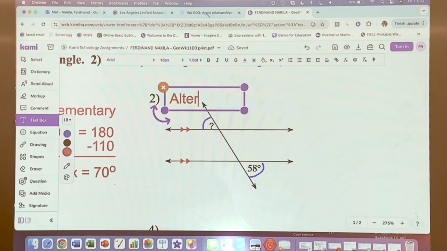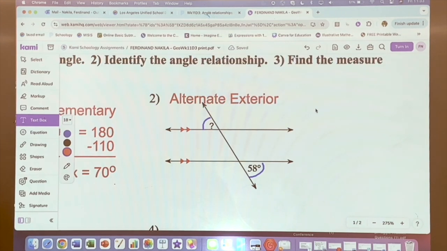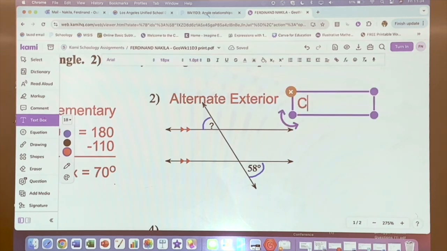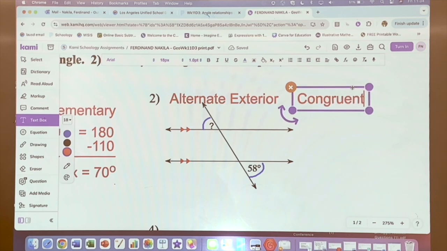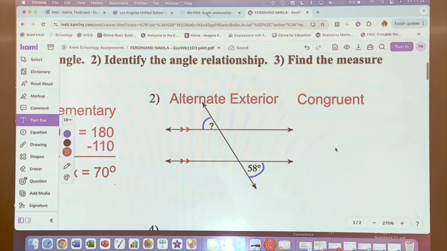Alternate exterior, that's correct. Alternate exterior angles. Okay. And what's with alternate exterior angles? Are they congruent? Yes, they are actually. They are congruent. You can write the word congruent to remind you that they are equal to each other. And as being congruent, you set them equal.